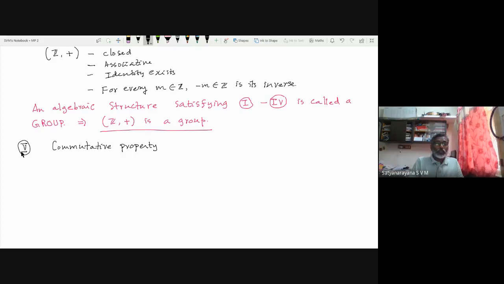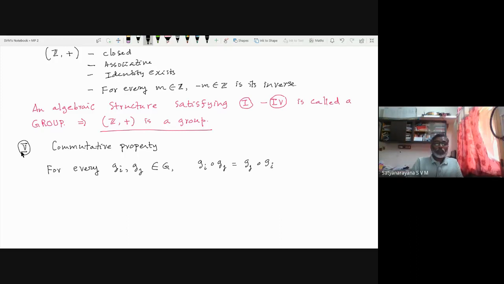That is, for every gi, comma gj in capital G, gi composed gj is same as gj composed gi.